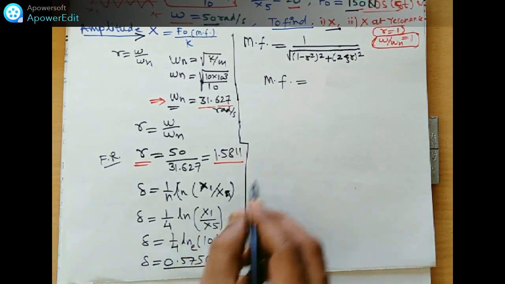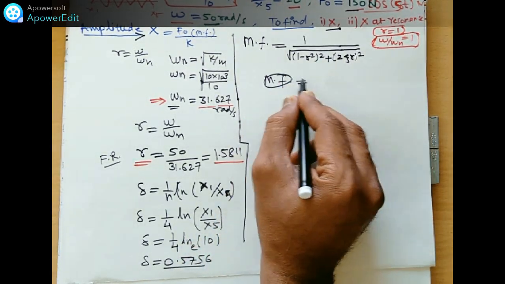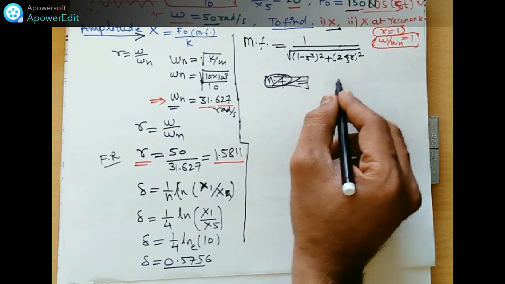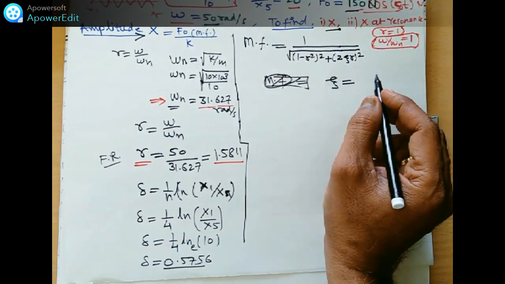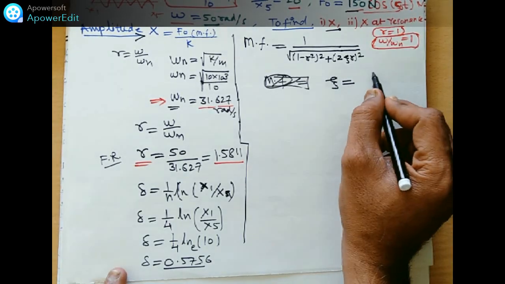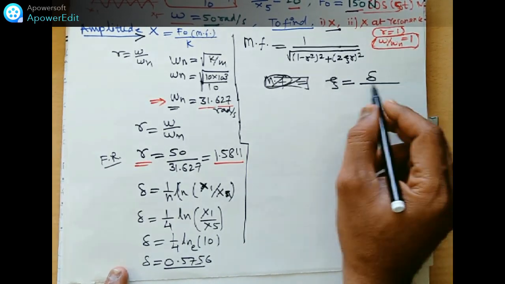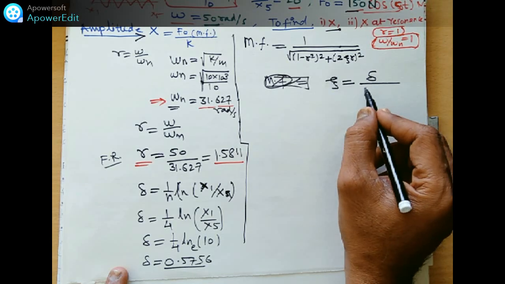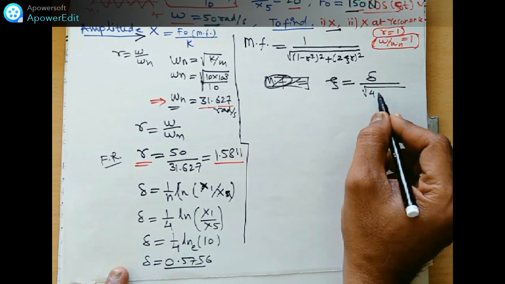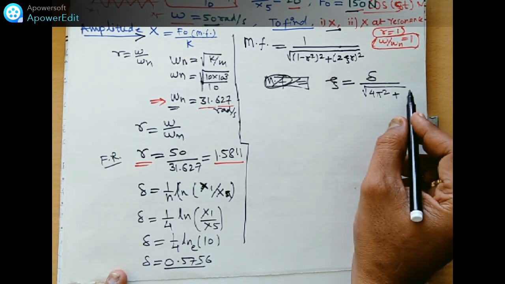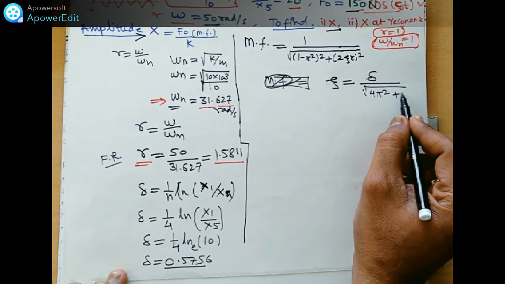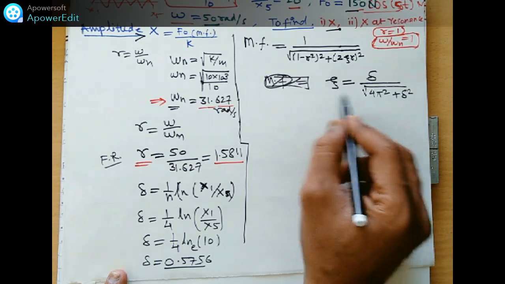Once we find the value of delta, we can find the value of zeta. How to find the value of zeta? By using this relation, delta upon... We have already derived this and shown it in the numerical. Various videos are there; you can watch the video on free vibration, where it is shown how these relations come.